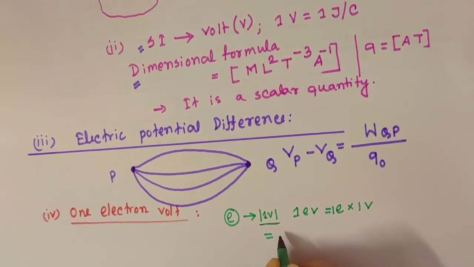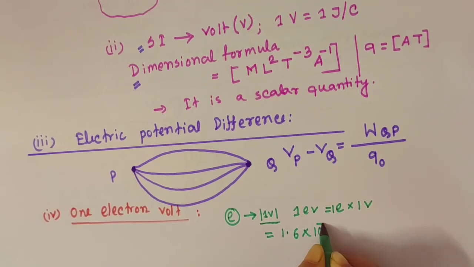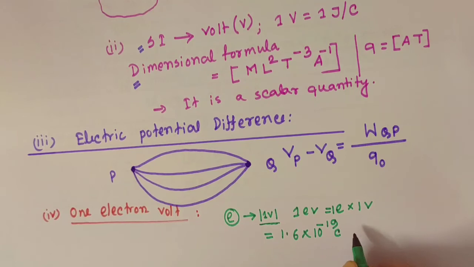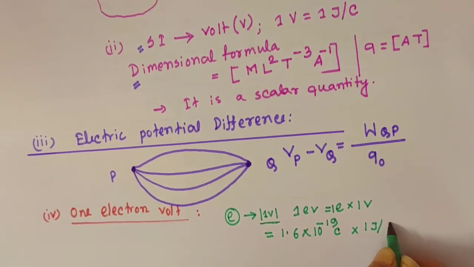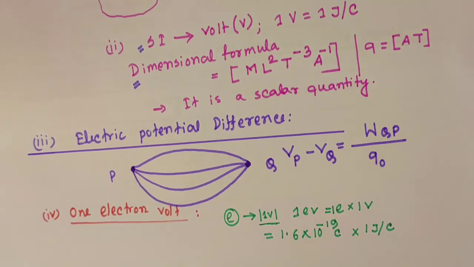Now 1 electron is equal to 1.6 into 10 to the power minus 19 coulomb, and 1 volt is equal to 1 joule per coulomb.